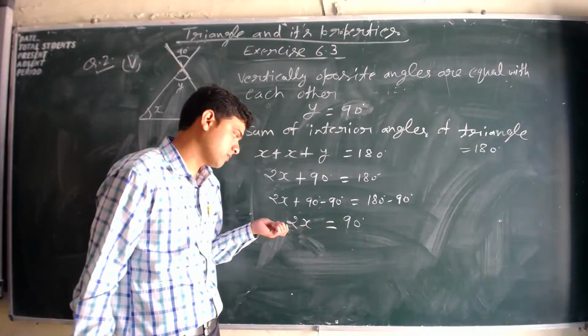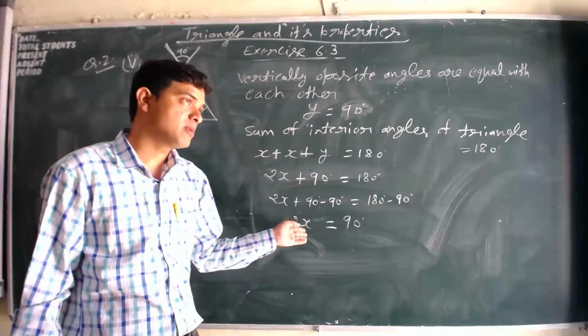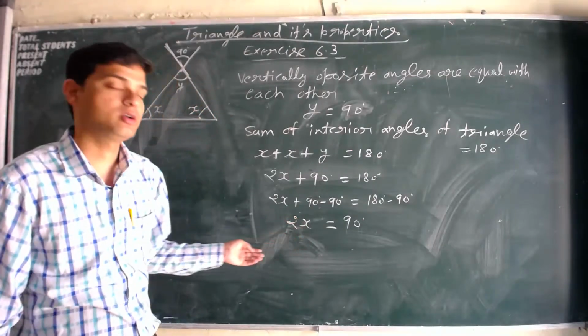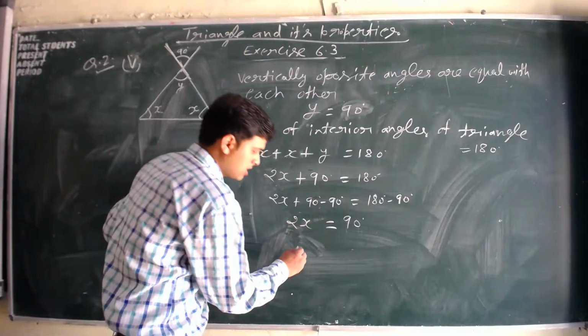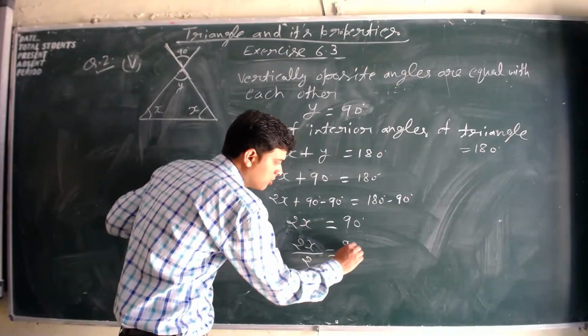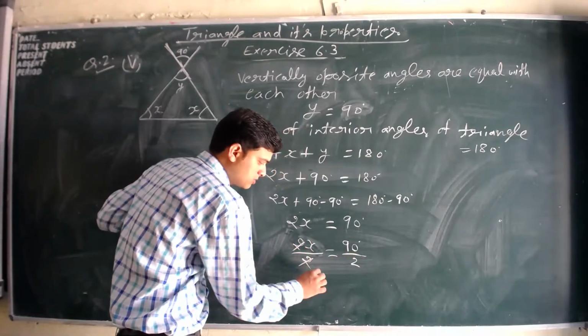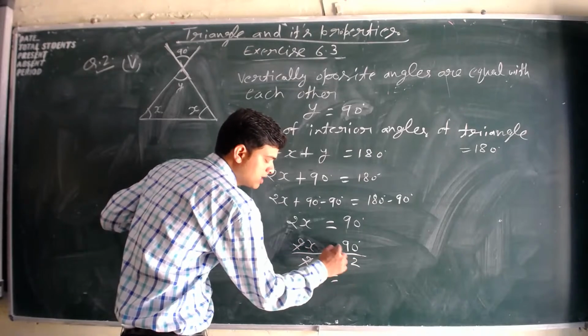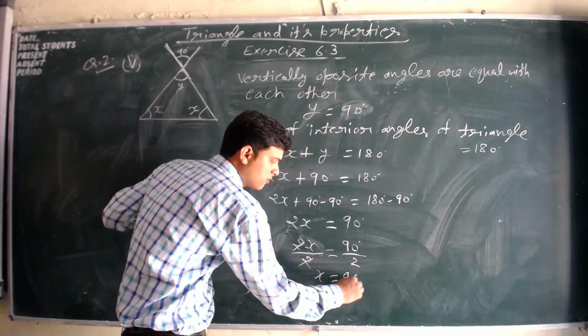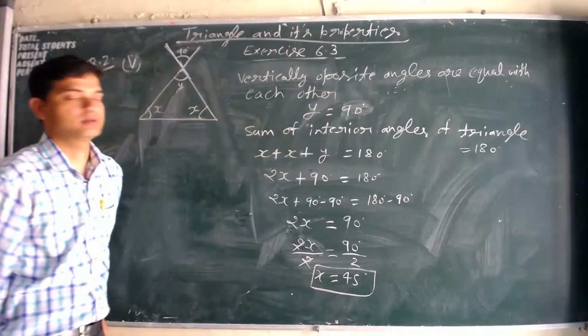For this we have to eliminate 2. Since 2 is multiplied with x, we divide both sides by 2. The 2 cancels out. x is equal to 90 divided by 2, that is 45 degrees. That's your answer.